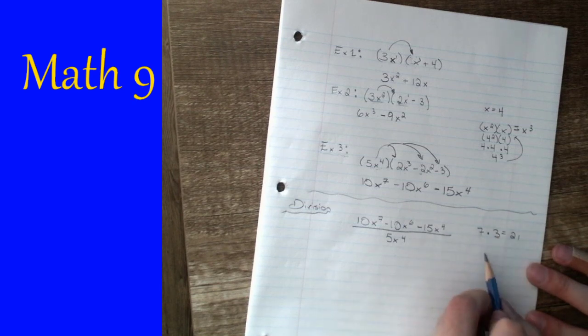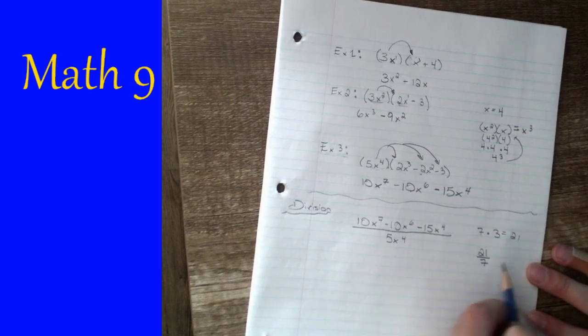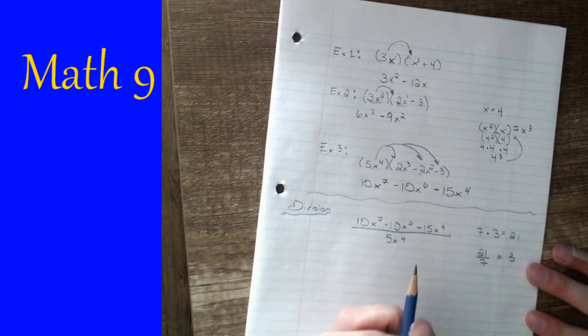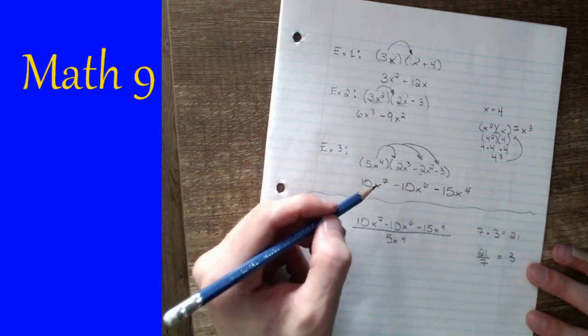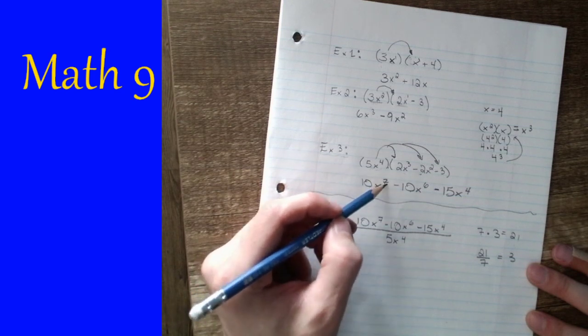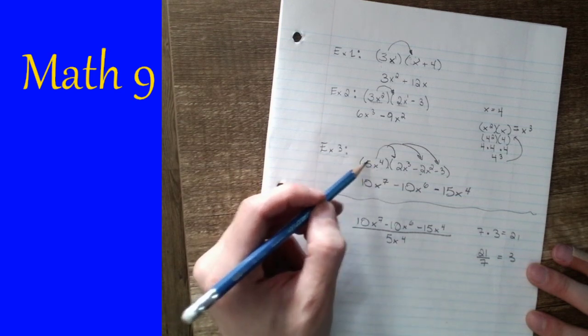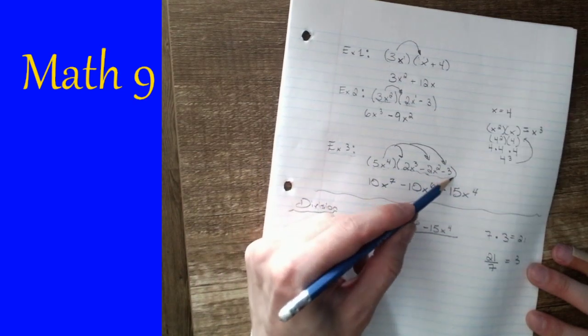And then I say, okay, what's 21 divided by 7? Well, I think a lot of us would be able to say 3. So the same can be said here. Our answer divided by what we had before should come out to be this.